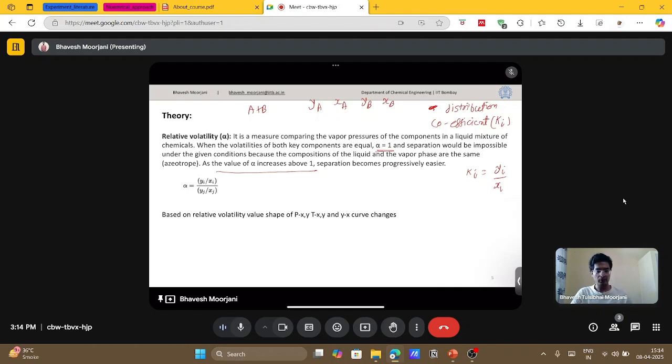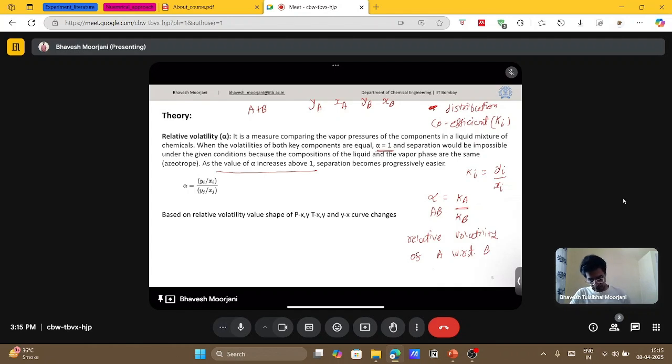This gives the ratio of how much relative amount of a component will be present in the vapor compared to the liquid phase. Now when we take the ratio of the distribution coefficients of two components, Ka and Kb, that is Ka by Kb, then I get the relative volatility of A with respect to B.